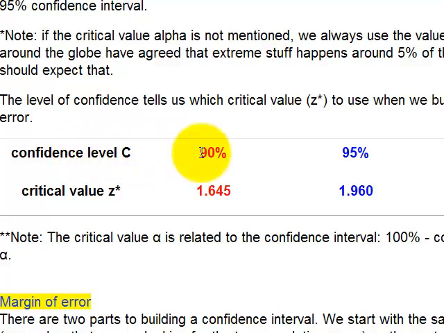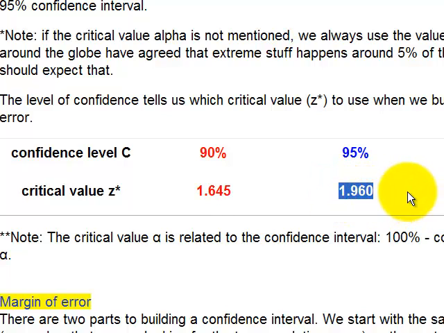So if we have a confidence level of 95%, which should be ringing your bells from the empirical rule, right? That basically says that the critical value z, which is how many standard deviations away from the mean it is, should be, the empirical rule said 2, right? 95% of your data, according to the empirical rule, in a normal distribution is plus or minus 2 standard deviations.